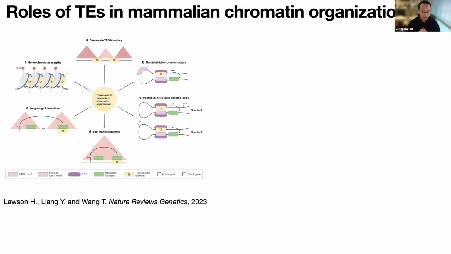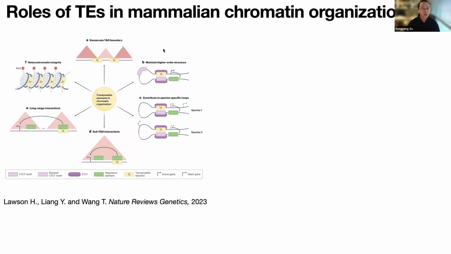For example, in the human genome, more than 50% of our genome is transposable element, and these have lots of copies. One important example, the most enriched, is the Alu element. They have about 1 million copies in our genome. Typically an Alu element is 300 base pairs, and it captures 10% of the human genome.